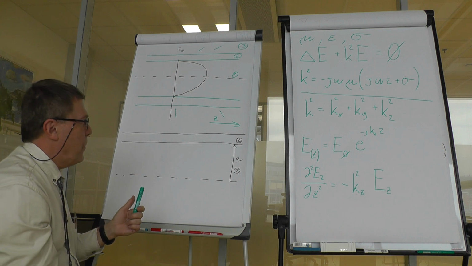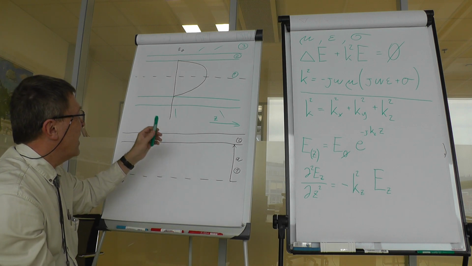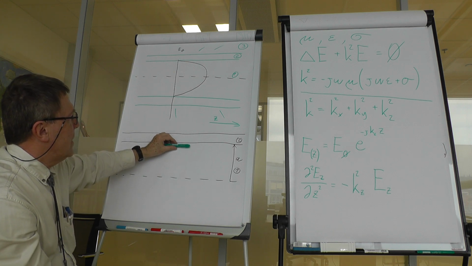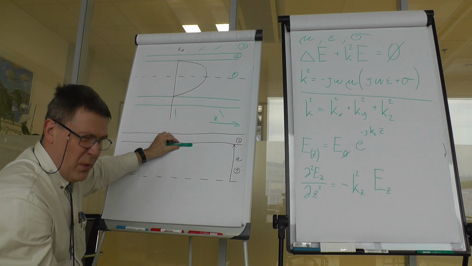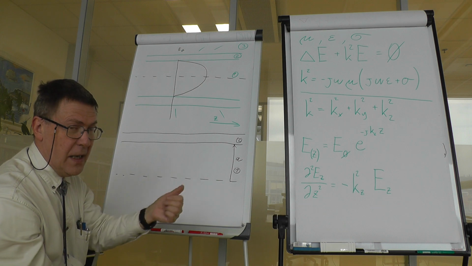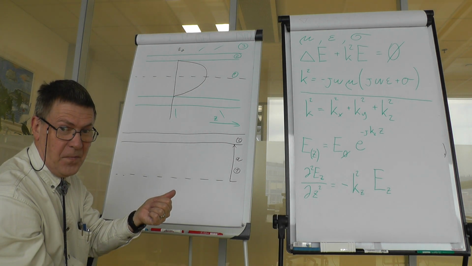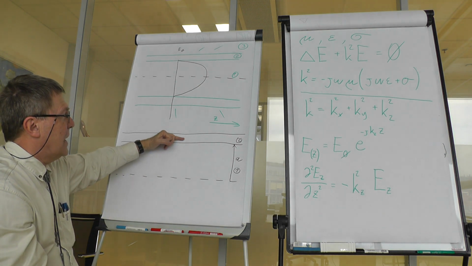Now we have those boundary conditions we know. So the field should obey all boundary conditions, that is, the tangential component of the electric field strength must be identical at both sides of the boundary.